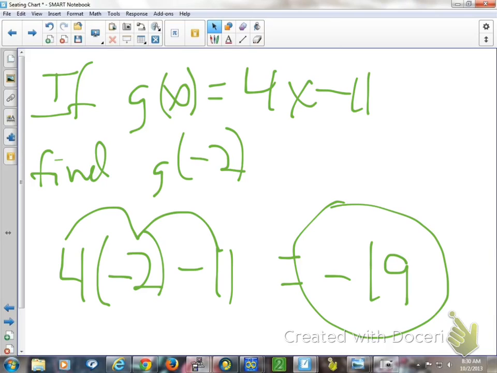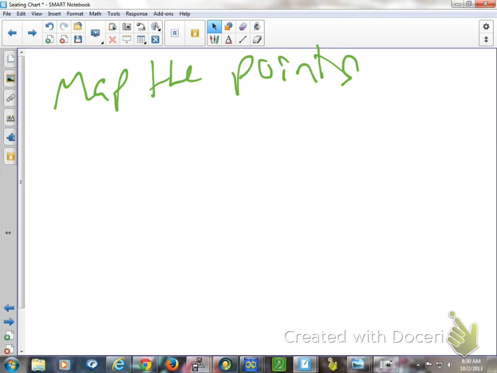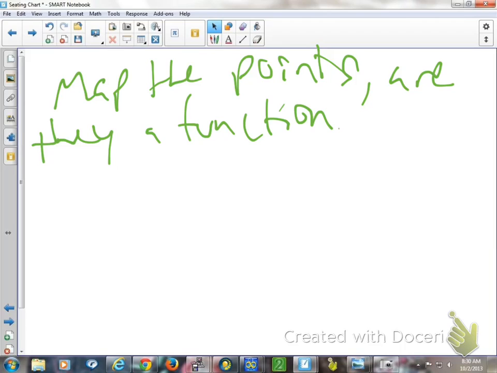The next one said, map the points graphed above. Map the points, which I will plot in just a second. Yes, ma'am, it is. Map the points, and then are they a function? And the points were, I'm just going to very quickly sketch these.